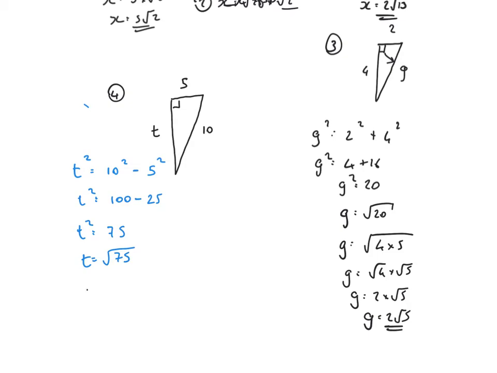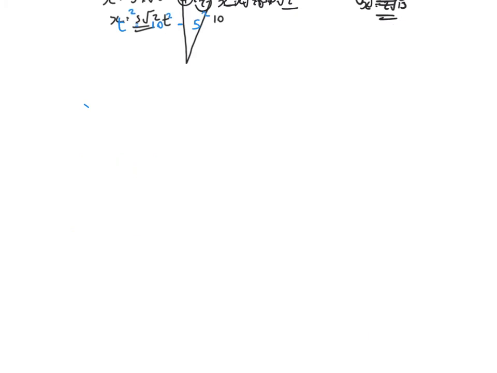We'll consult your list there. And it's 25, so that's the square root of 25 times 3. That's root 25 times root 3. Root 25 is 5, so that's 5 times root 3. Shorten the right down, then final answer is 5 root 3. Okay, example 5.